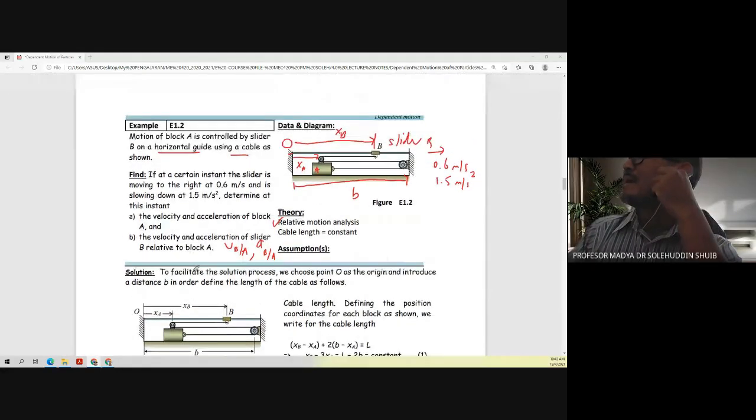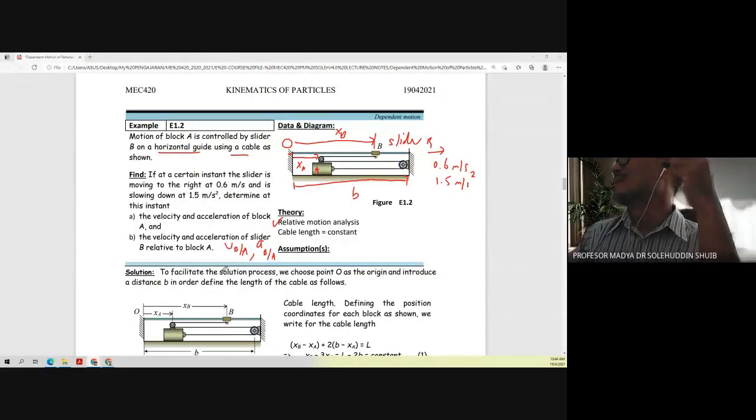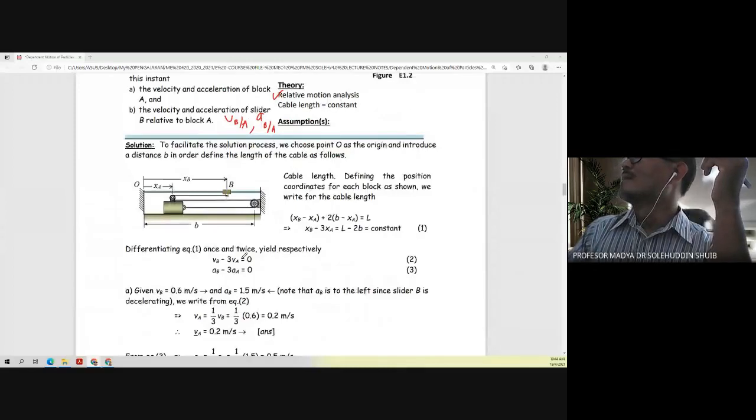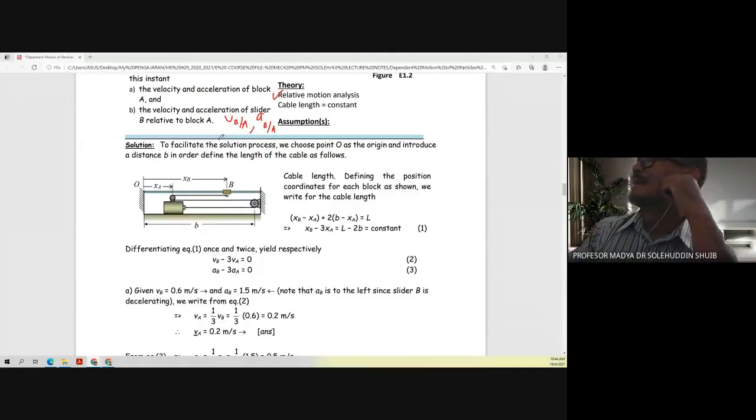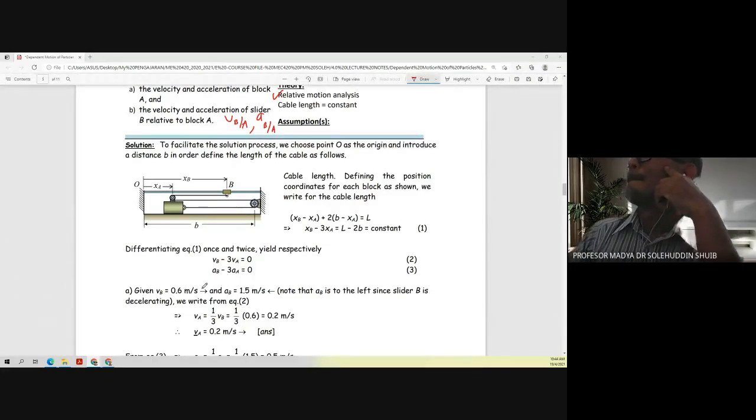Because of the cable. So how many cables are tied to block A?